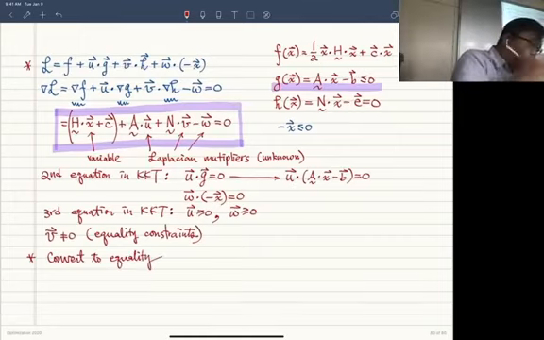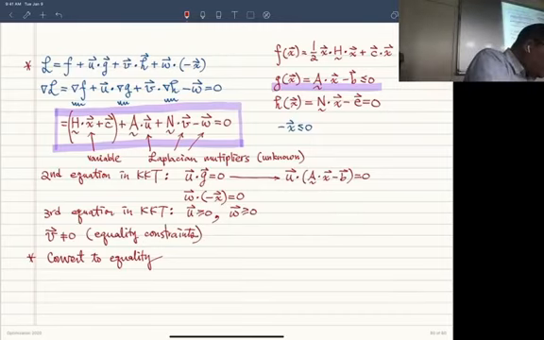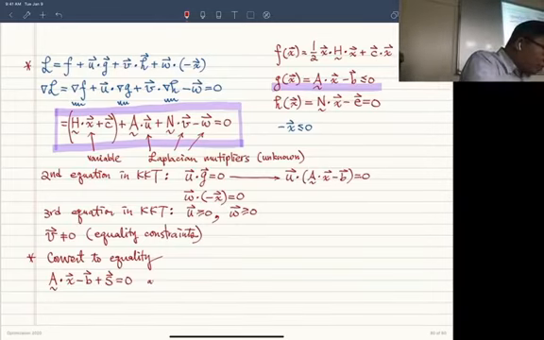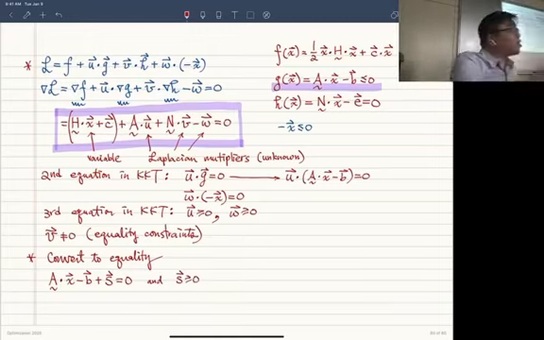So our g functions now become equalities by adding some slack variables. But remember, when we do that, our slack variables should be positive.